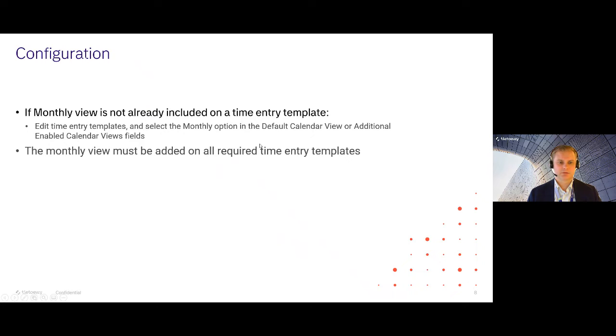The monthly view must be added on all the required time entry templates if you want to see this on all workers, of course, but there could be limited groups that you want to enable it for.